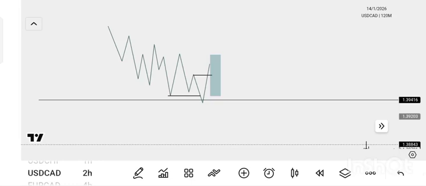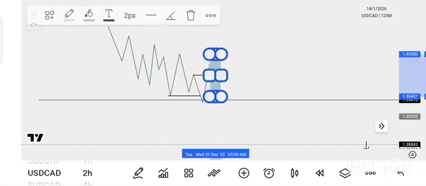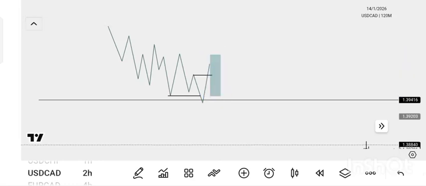Alright, so a market structure shift shows you that okay, we are actually going in the direction. How you know is by the candle closure, the candle closure above the low. And it has to be coming from a higher time frame key level or bias.